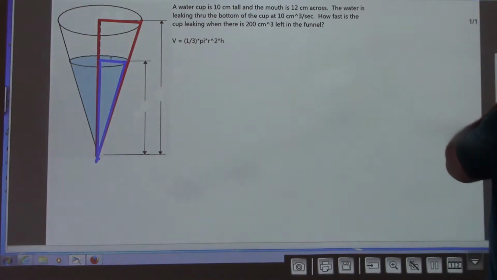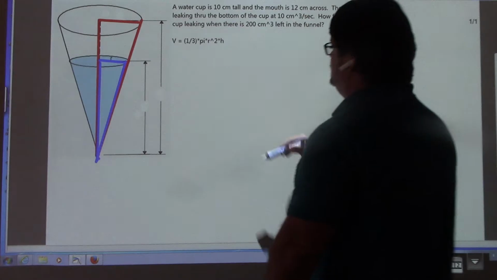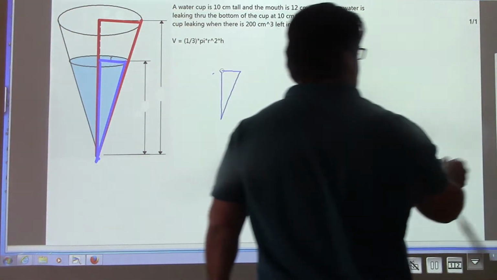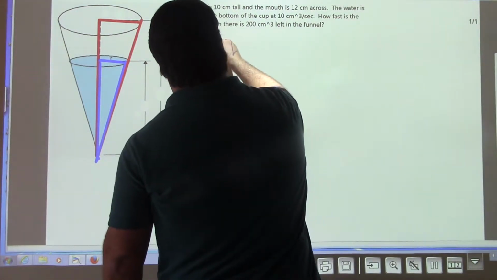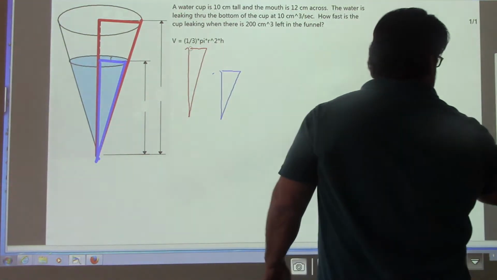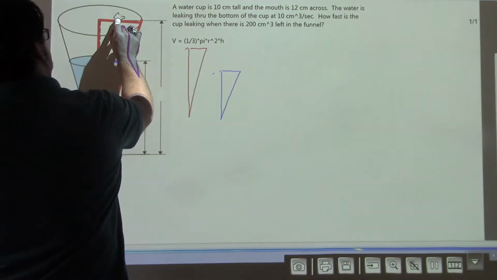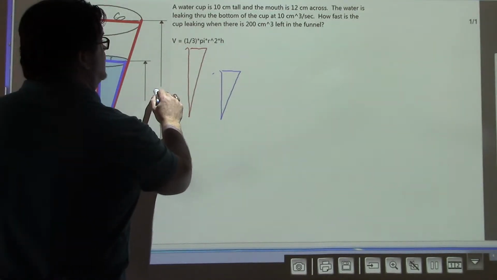We've got two triangles. One triangle is blue, the other triangle is red. Now this triangle, the radius is 6 centimeters and the height is 10.